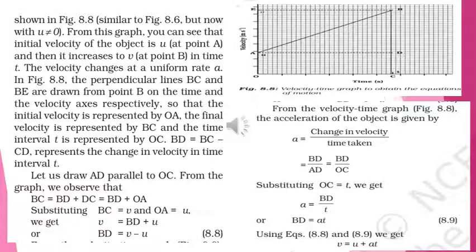See here, the line AB shows the initial velocity u is not equal to 0. From this graph you can see the initial velocity of the object is u, that is at point A, and then it increases to v, and that v is at point B in the time t.